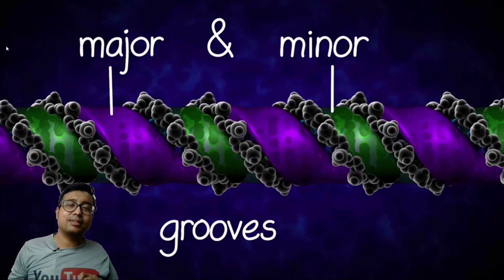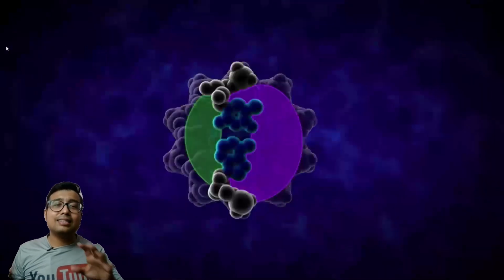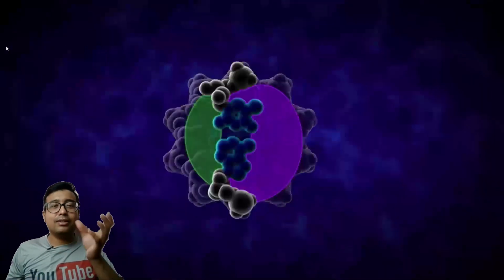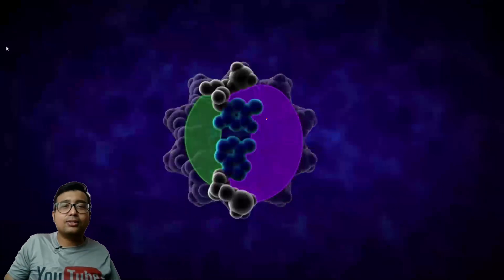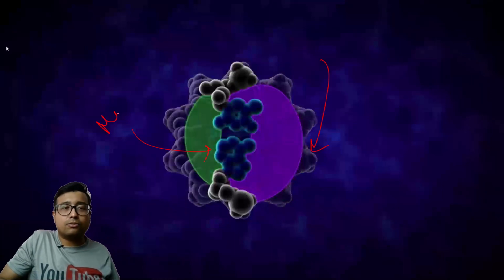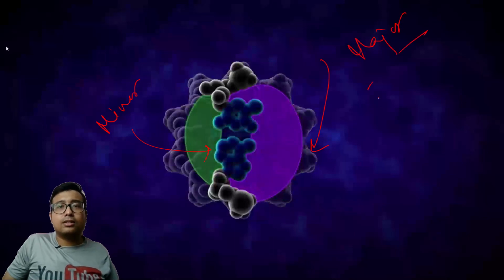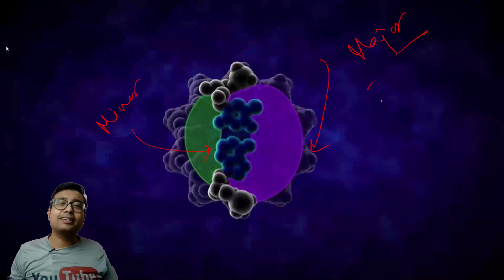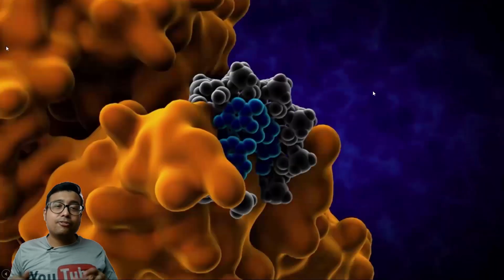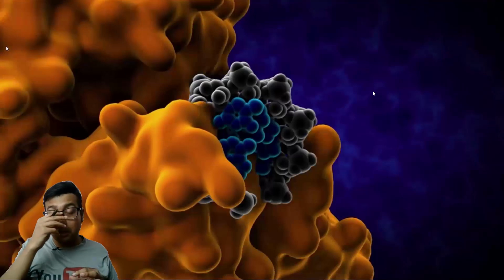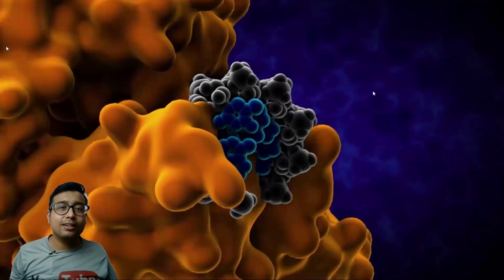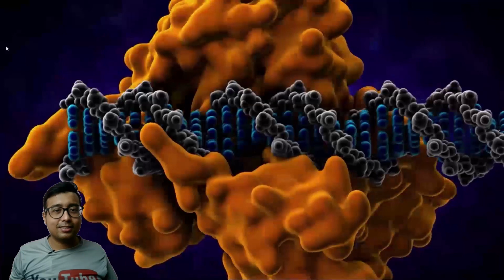Histone protein, for example. So you see, this is the end-on view. We are seeing the whole thing from the side. This is the major groove, and this one is the minor groove. And this one is a major groove, right? So in the end-on view, a huge protein has come and attached itself to the DNA structure.